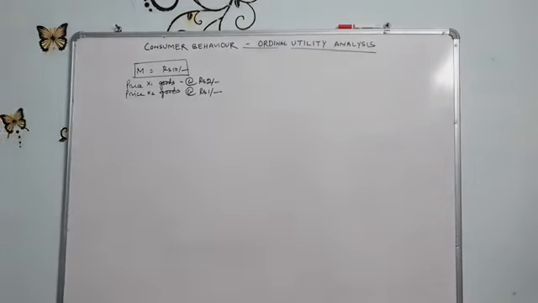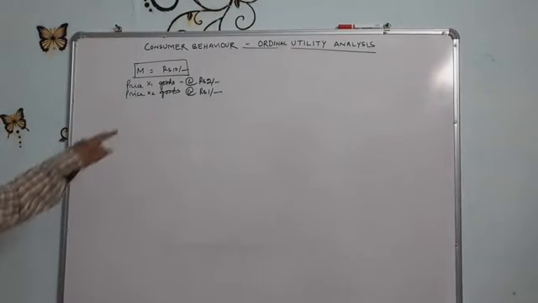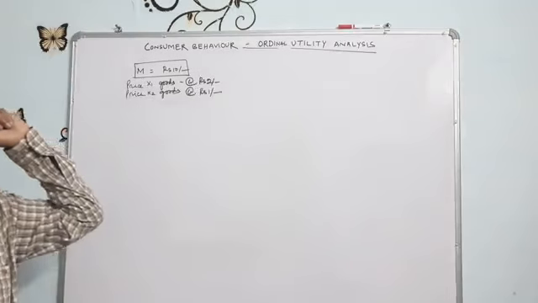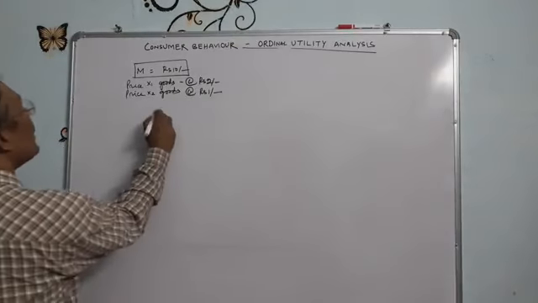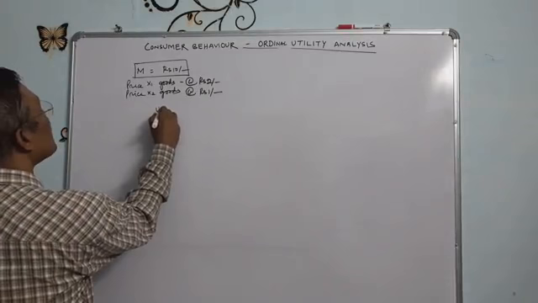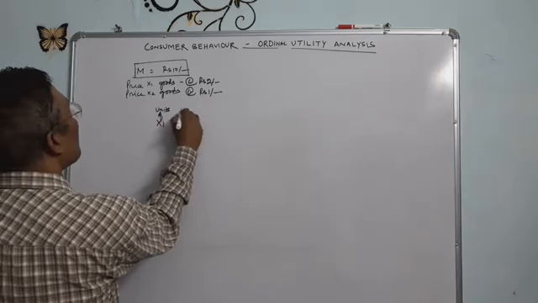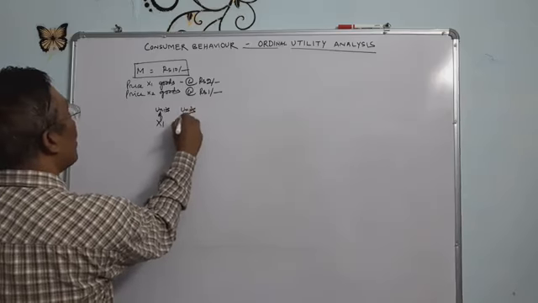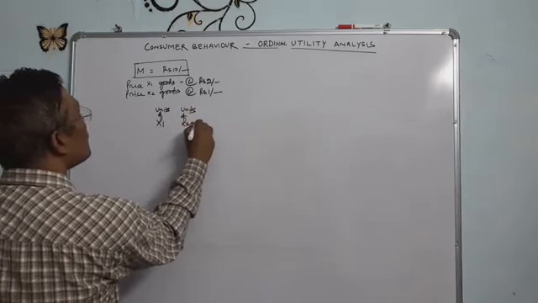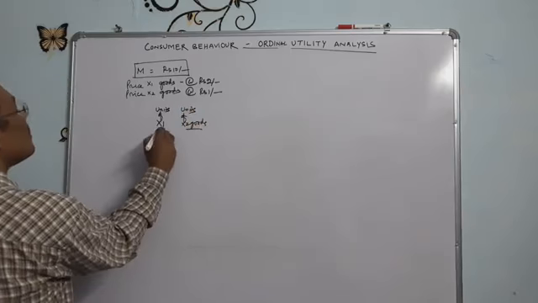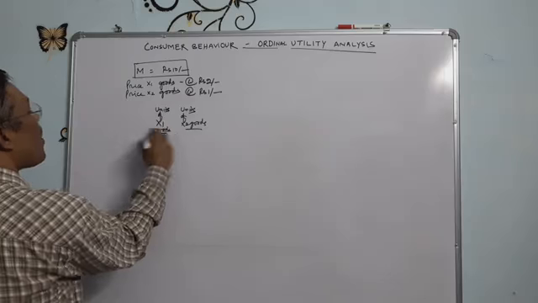So he will prefer different combinations of the two goods to spend his income: units of X1 and units of X2.